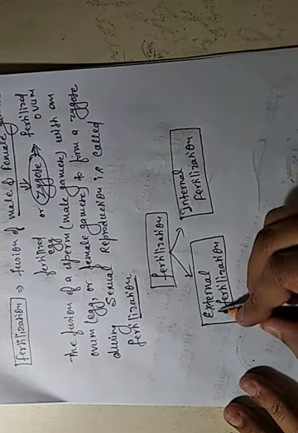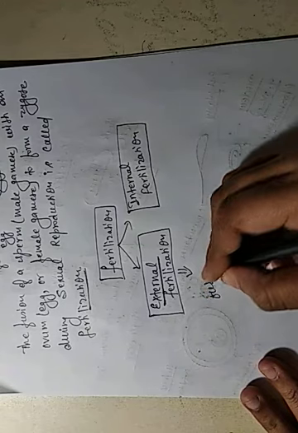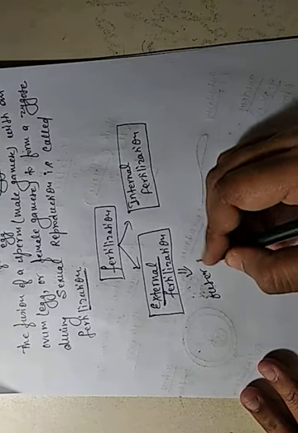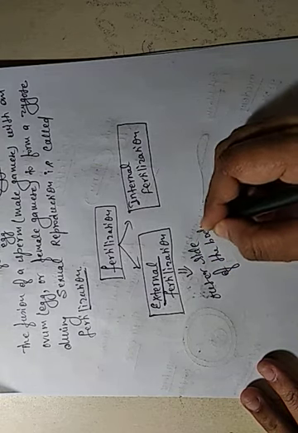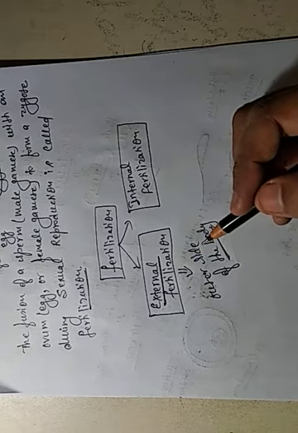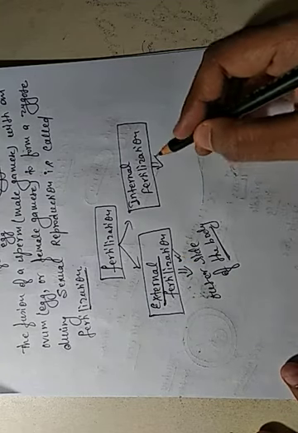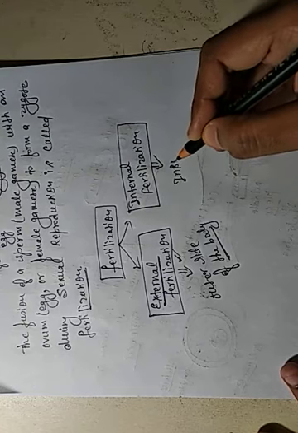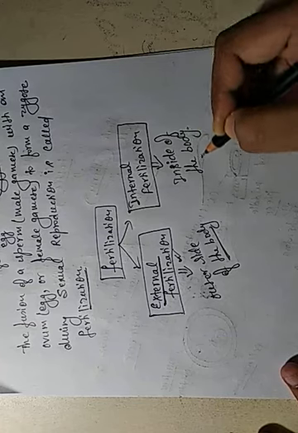From the name it is clear that in external fertilization the process occurs outside the body, that is, the fertilization of egg and sperm outside of the body is called external fertilization, and internal fertilization occurs inside the body.